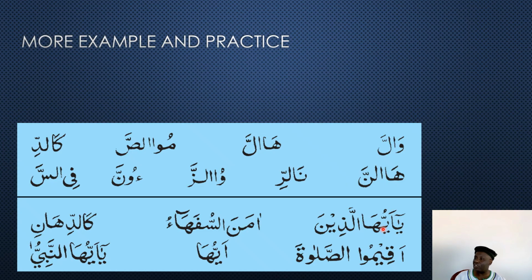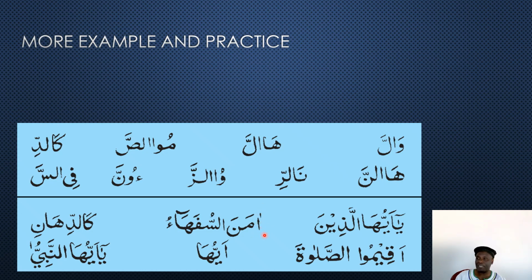So how to pronounce this word? Ya ayyuhal, ya ayyuhalladhina, ya ayyuhalladhina. Okay, so we're going to go into another example here. Alif with fatha muqaddara. We haven't gone through this, but I think we see it more and more now.